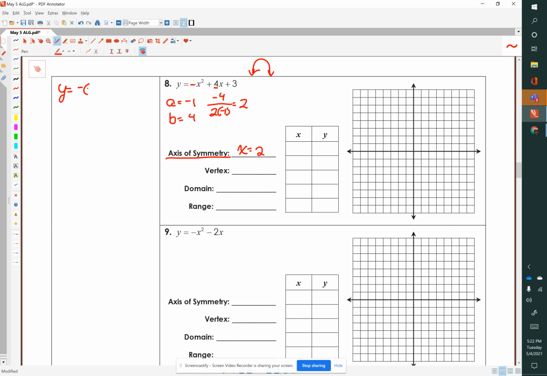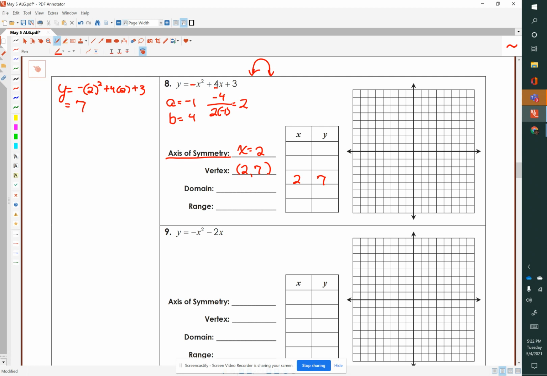So we have negative 2 squared plus 4 times 2 plus 3. And when we evaluate that, it equals 7. So our vertex is (2, 7), which we put right there in the center of our chart.